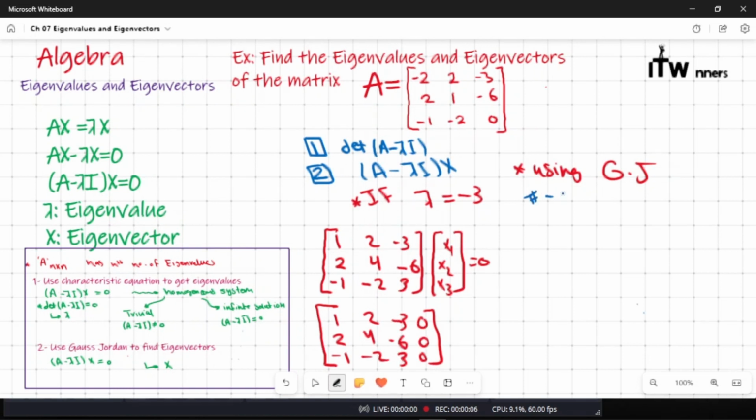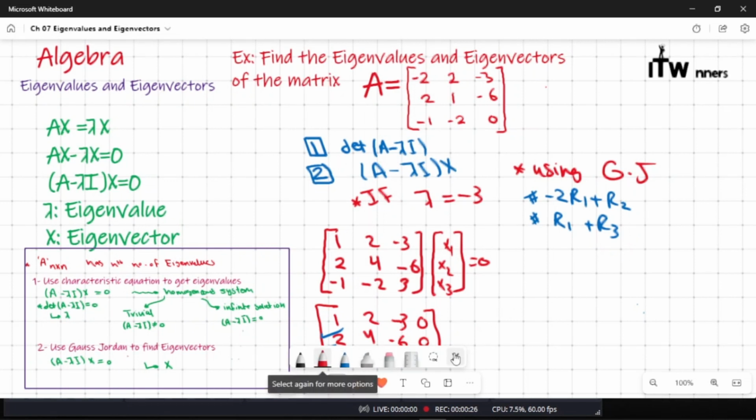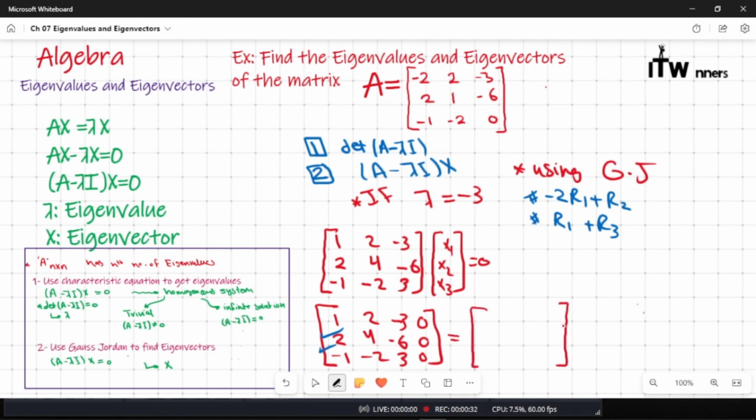Here, multiply the first row by -2, then add to the second row, and here add the first row to the third row to make these elements equal to 0. Okay, so here we will have 0, 0, 0, 1, 2, -3.